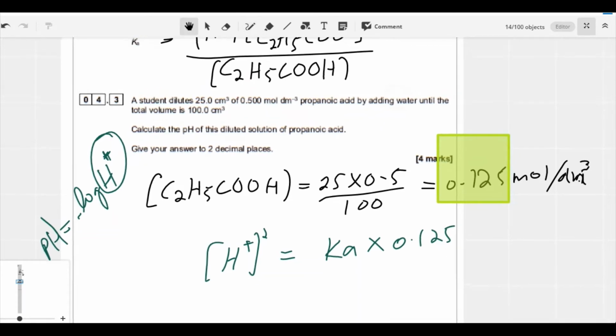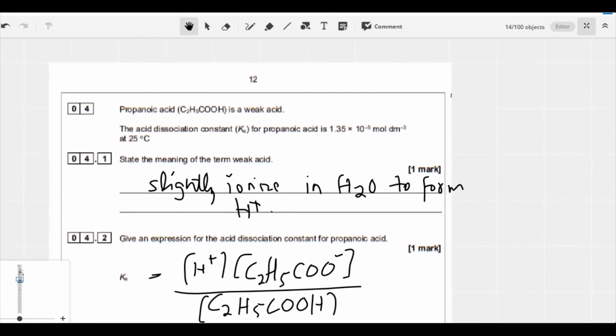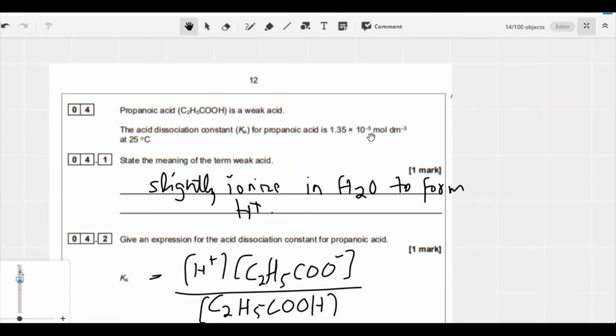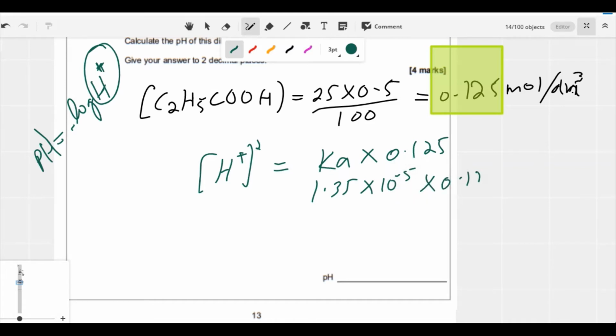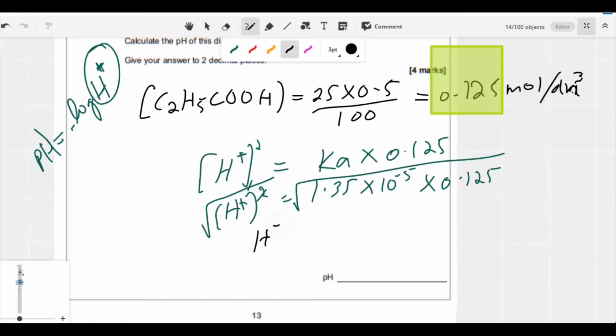The value of Ka is given, that is 1.35 times 10 to power negative 5. So 1.35 times 10 to power negative 5 times 0.125 is equal to H positive square. Taking square root on both sides, first multiply it and then take the square root.